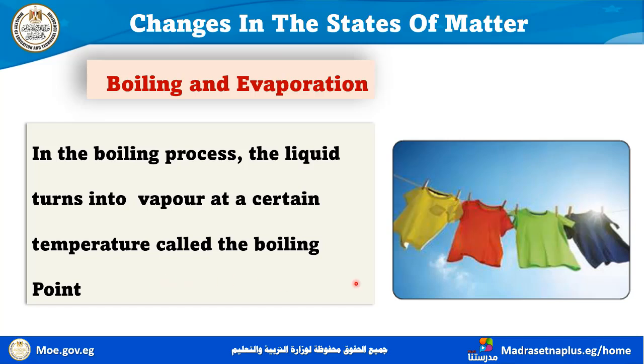For example, the boiling point of water is 100 degrees Celsius, and this means that the water begins to boil, to turn from the liquid state to the gaseous state, which is the water vapor, at 100 degrees Celsius. This process is called the boiling process.